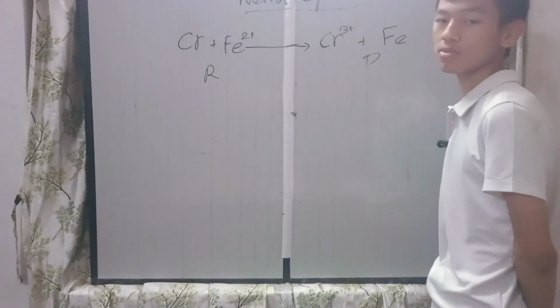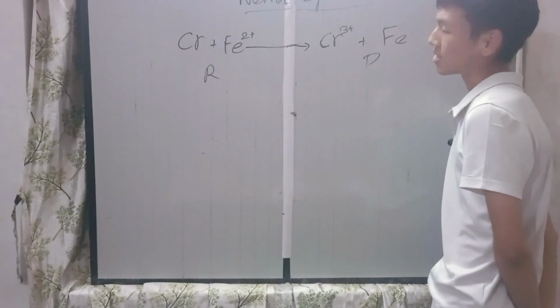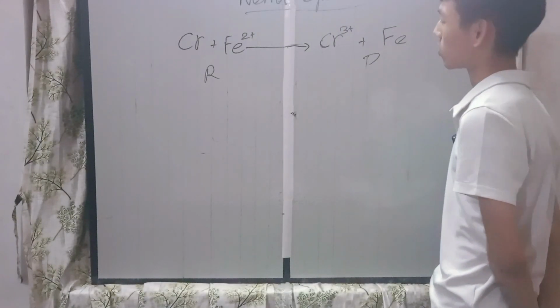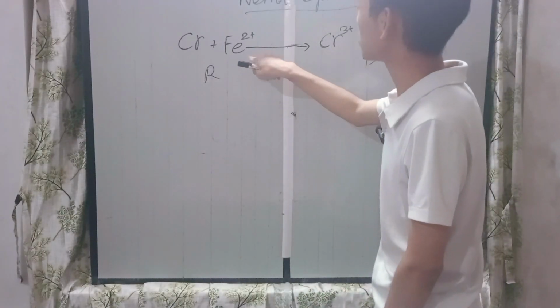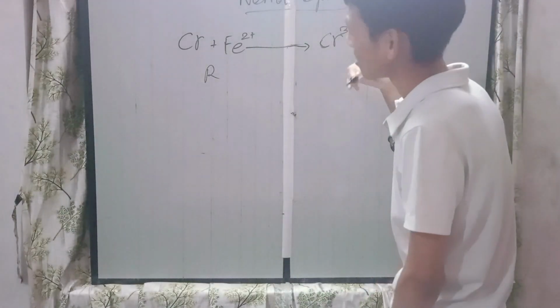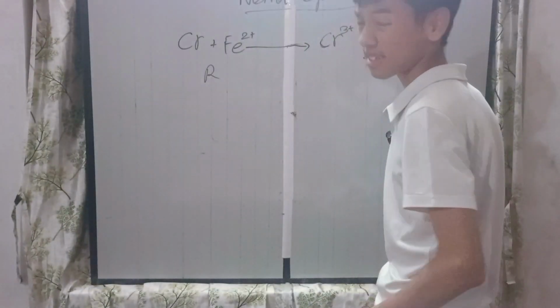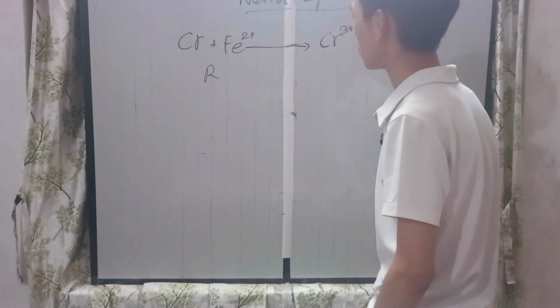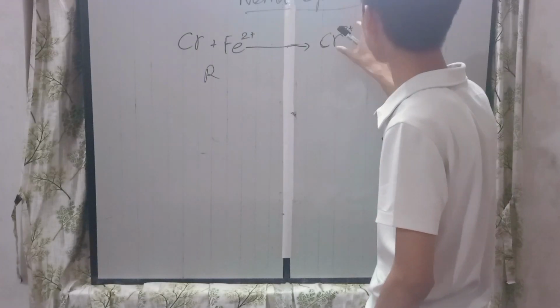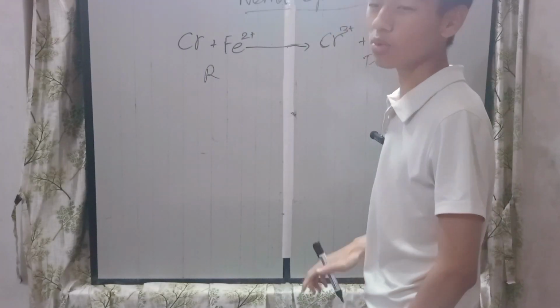The number of electrons transferred is unequal. So we make them equal. We have 3 electrons transferred here, and 2 electrons here. 2 electrons becoming 3 electrons does not make any sense. Let us balance this. We need to make the number of electrons the same.